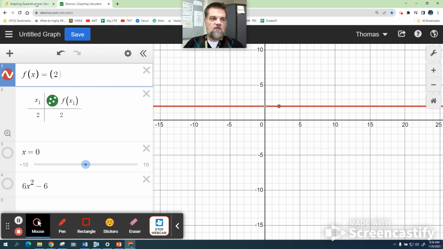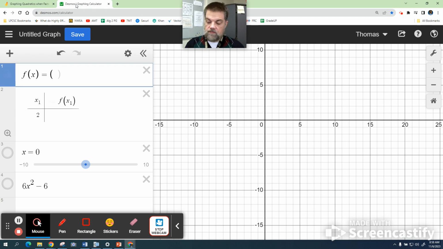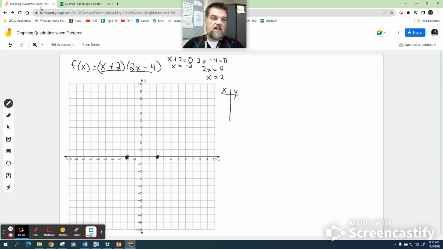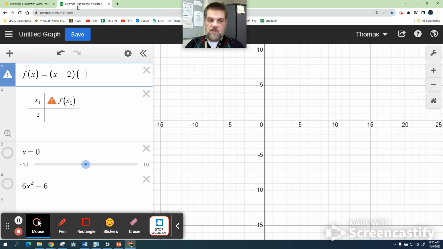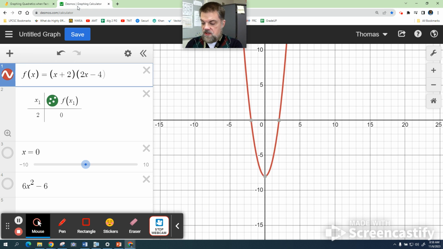So the equation was x plus 2, close parentheses, and then 2x minus 4. I'll leave that up there for a second so that you guys could type that in.